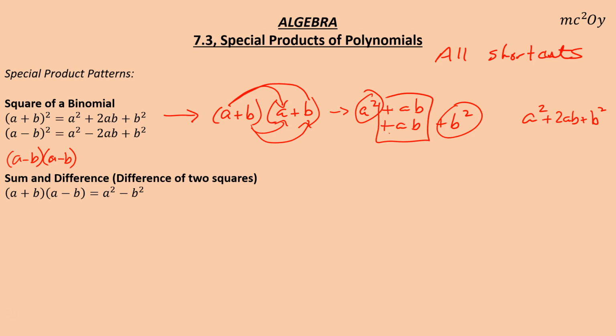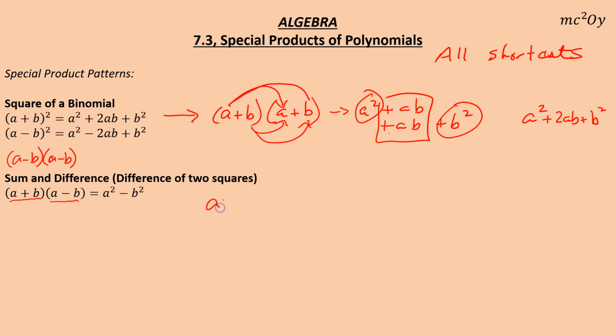The sum and difference, also known as the difference of two perfect squares, says, hey, let's say you have a plus b as a binomial and you're multiplying it by a minus b. Okay, so notice you have a plus and a minus, but you have a and b in each of them. Really what happens there is you end up with whatever a is squared minus whatever b is squared. So a squared minus b squared.